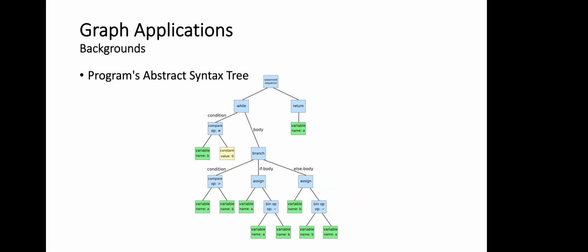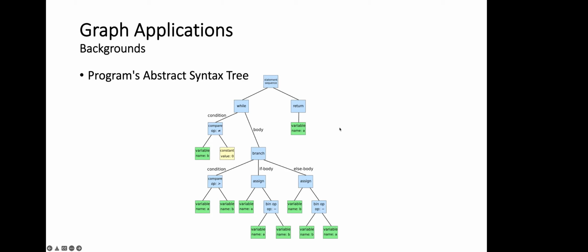A graph can also be used to represent a program. If you know the program's abstract syntax tree, AST, that is a tree representation of the abstract syntactic structure of the source code, which is written in a formal language.